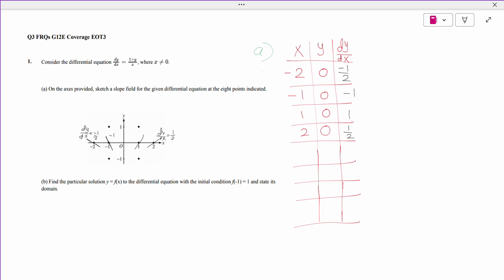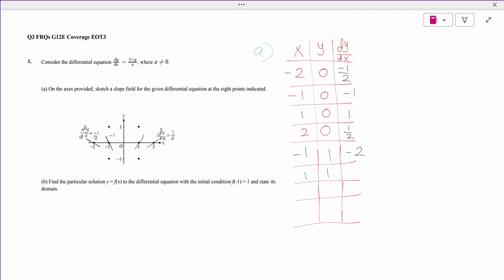Okay, so moving on to the 2 points on top. Let me change the color. The 2 points on top are negative 1 and 1, and 1 and 1. So if you use negative 1 and 1, it will be negative 2.